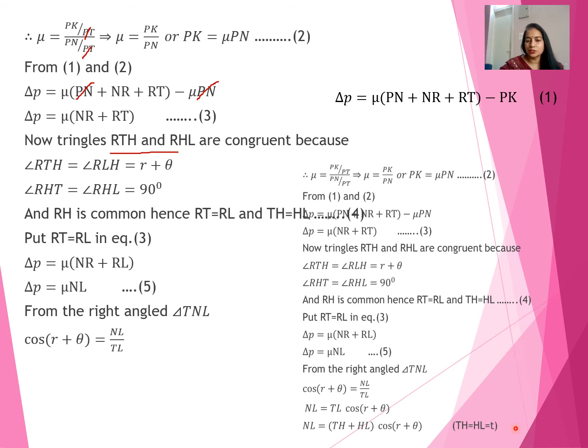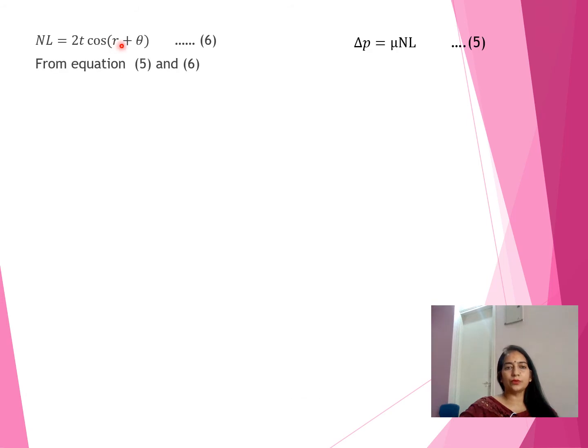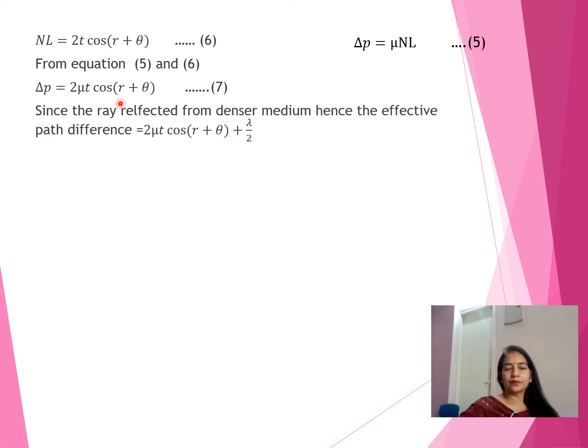TH and HL are equal, so this value is 2t. So NL equals 2t cos of R plus theta. From equations 5 and 6, delta P is equal to 2 mu t cos of R plus theta. Theta is introduced because the two planes are at angle theta. In a thin film, the path difference is 2 mu t cos R. In a wedge-shaped film, the path difference is 2 mu t cos of R plus theta.